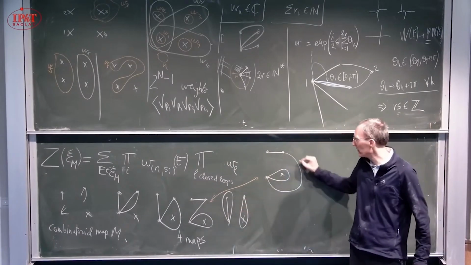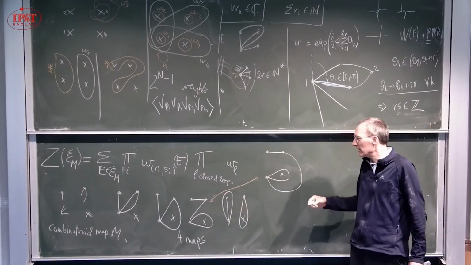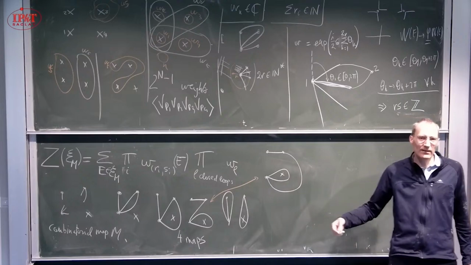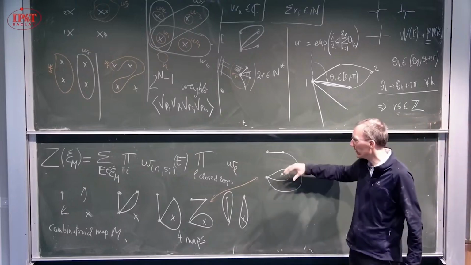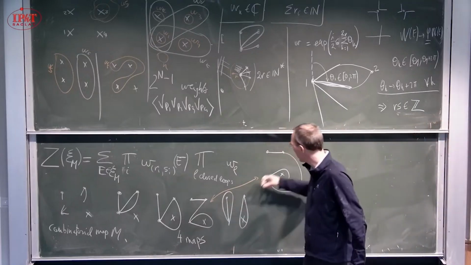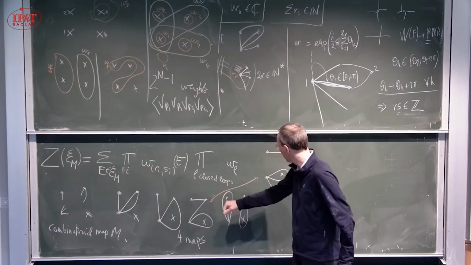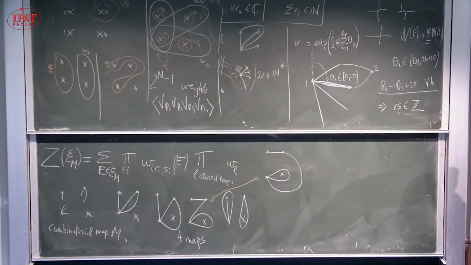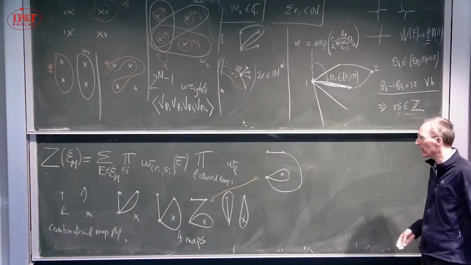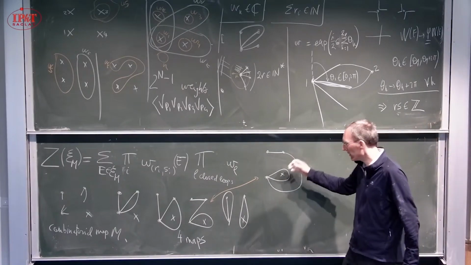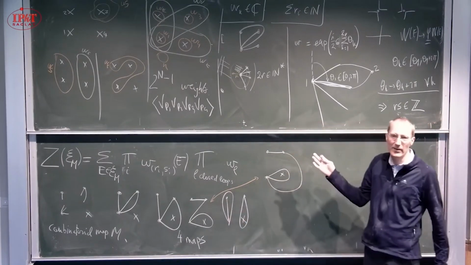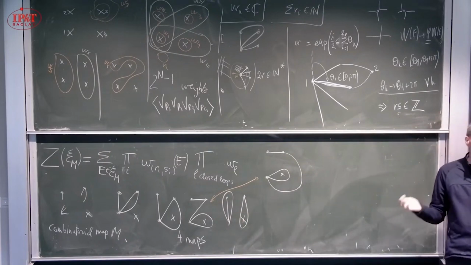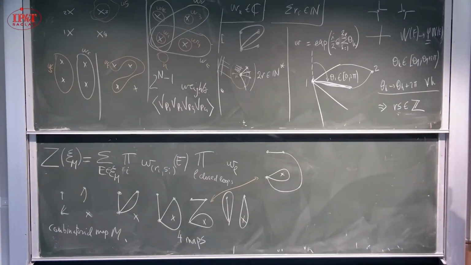I don't care if this goes there, because I want the correlation functions to be single valued, so they should have no monodromy. To go from this one to this one, you would do some monodromy around another point. If I counted them differently, I would have infinitely many maps, but I don't, because my correlation functions should be single valued.